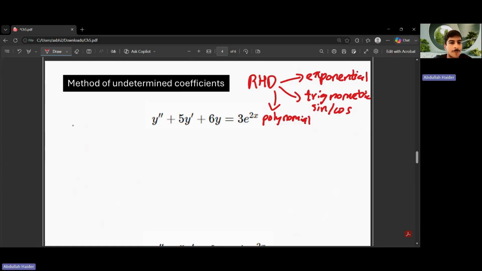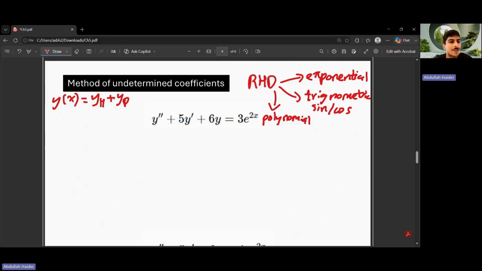So whenever you have to use the method of undetermined coefficients, the form of y of x is always the homogeneous solution plus the particular solution. The homogeneous solution is basically what we did above, which was making the equation equal to 0, writing the auxiliary equation in terms of r, finding R1 and R2, and then writing this in terms of the homogeneous equation problem.